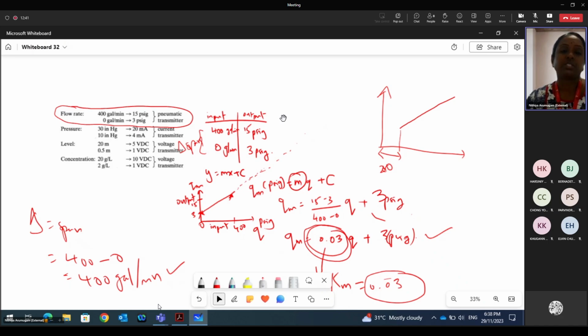From the linear equation find out what is the process gain, sorry, the transmitter gain, and from the graph we can find out what is the span and the zero. Okay, so I have shown an example for the first pneumatic transmitter. For the rest of the transmitters, make sure you try.